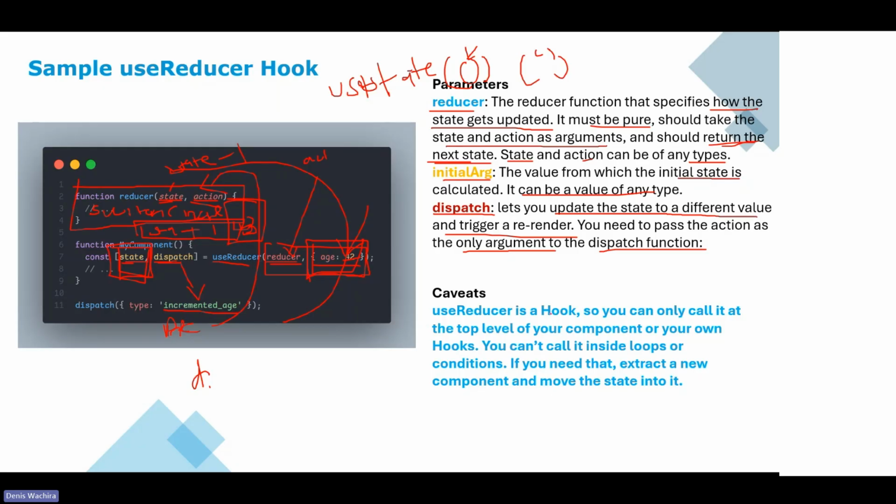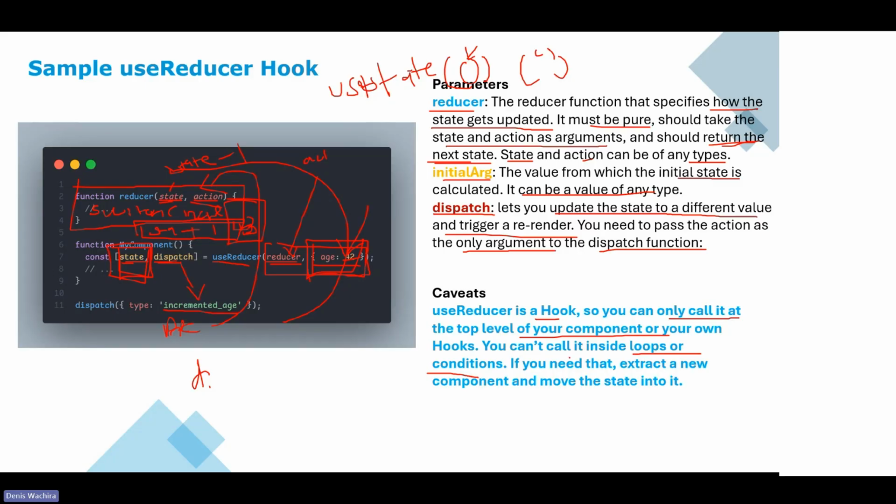So useReducer is a hook, so you only call it at the top of your component or your own hook. You can't call it inside a loop or a condition. This is a thing to consider when working with hooks. It must be at the top level of your component before defining other logic.